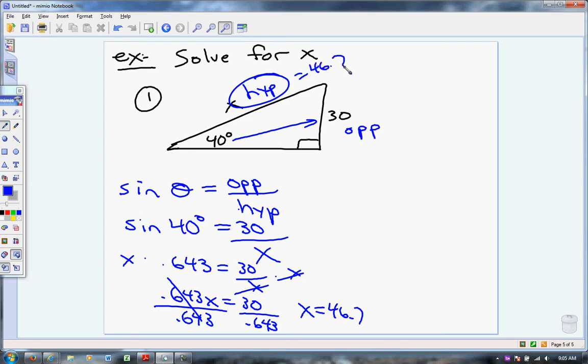Now, just to try to help you a little bit, wouldn't I know that I did something wrong if this hypotenuse was shorter than this leg? Okay? That's a good way to check your work. All right? So you will just have to pick the correct function, whether it's sine, cosine, or tangent, to use.